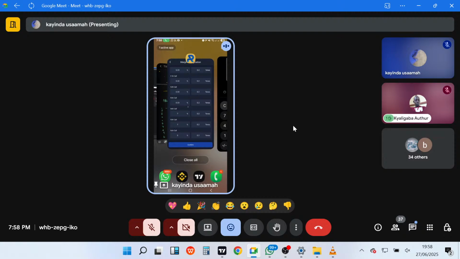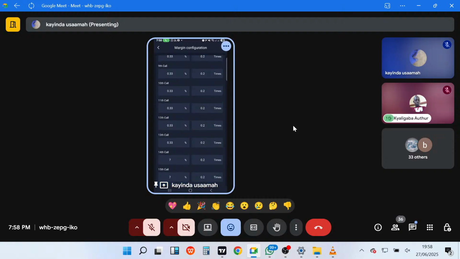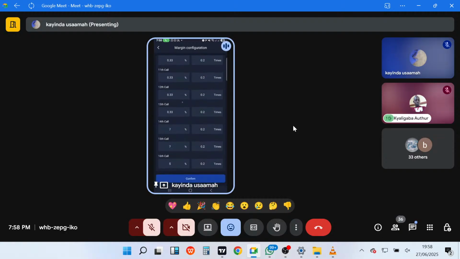Now the remaining 3 margin calls. This one is 7, this one is 7, this one is 5. That's 7 plus 7, that's 14, plus 5, that is 21, plus the 4.2, that's like 25%.